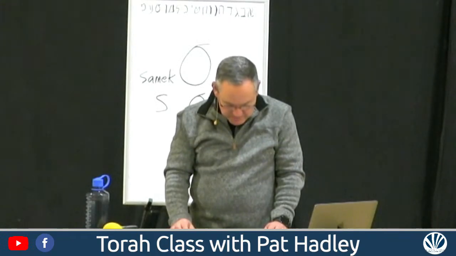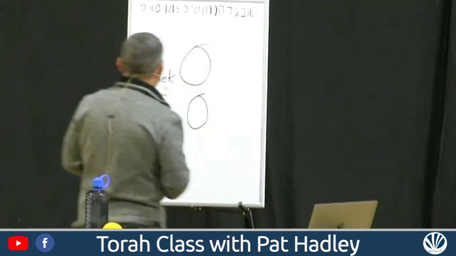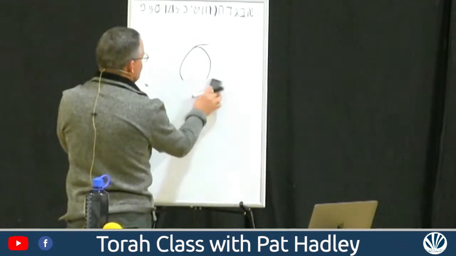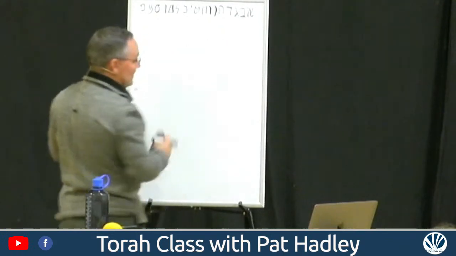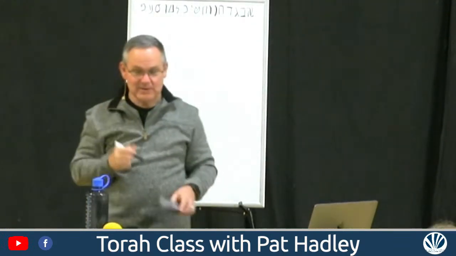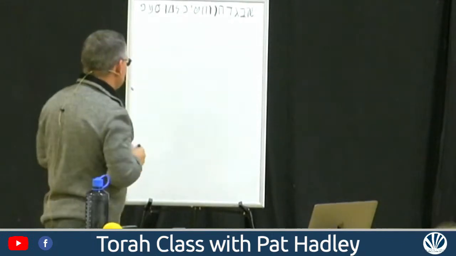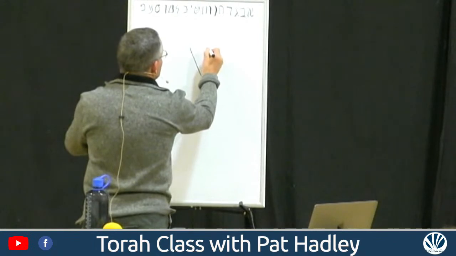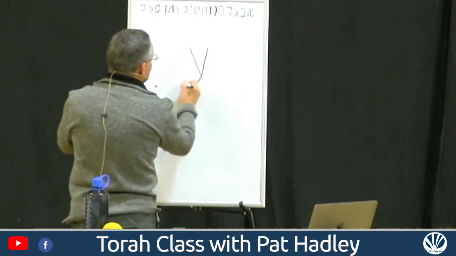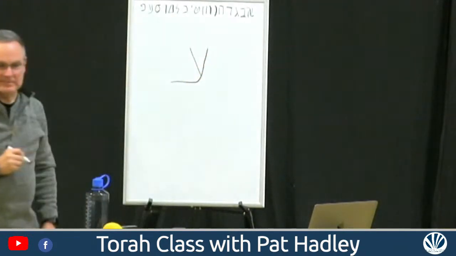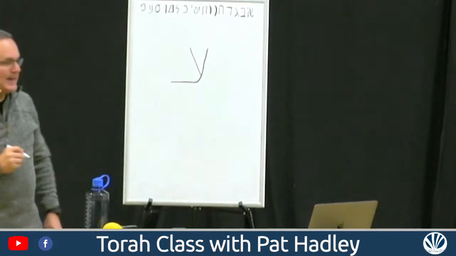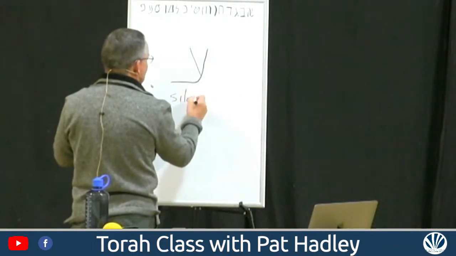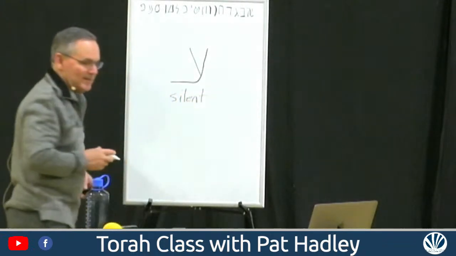The next letter is the letter Ayin, which is easy to remember because originally it was an eye, like an eyeball. Ayin is the name of the letter, and in the modern Hebrew that we're learning, it looks like a Y that goes to the left. The Ayin is a silent letter.